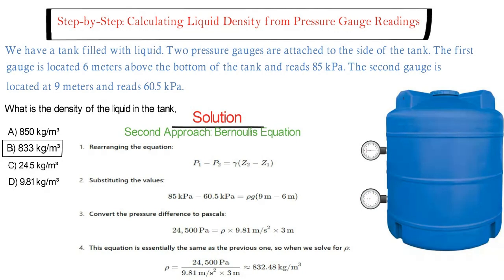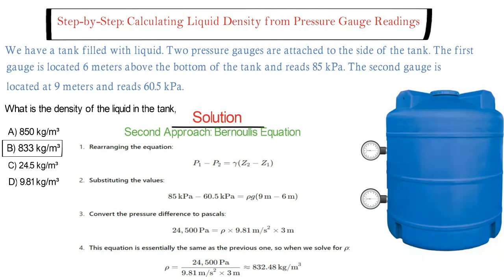Let's make a little comparison and conclusion. Both methods give the same answer, and as you saw, the first approach using the hydrostatic pressure formula was much simpler and faster. So I recommend, if you are in an exam or quiz, strongly the first approach, which is easier.